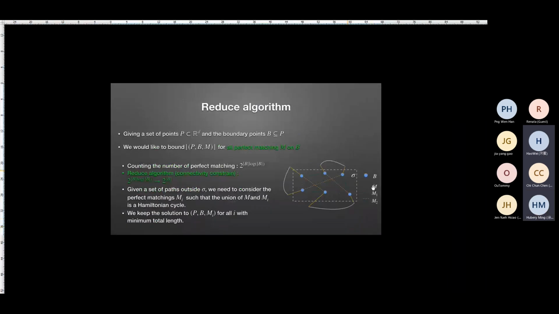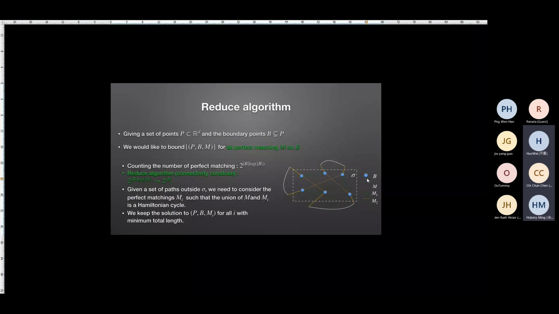So let's consider given paths outside of a separator sigma. Actually, these paths define a perfect matching N on the given boundary points.